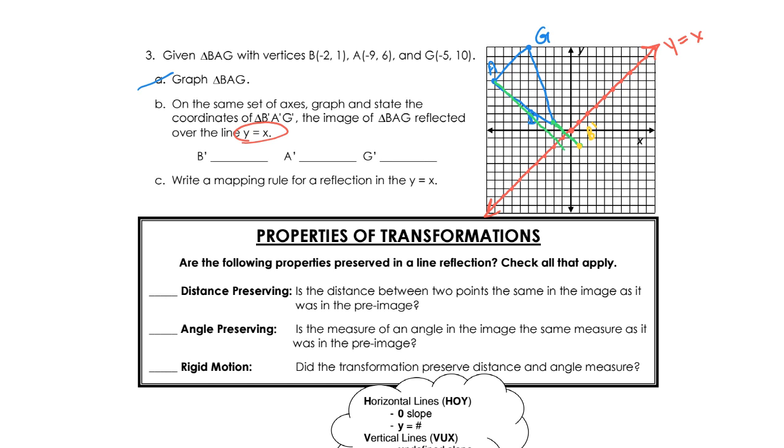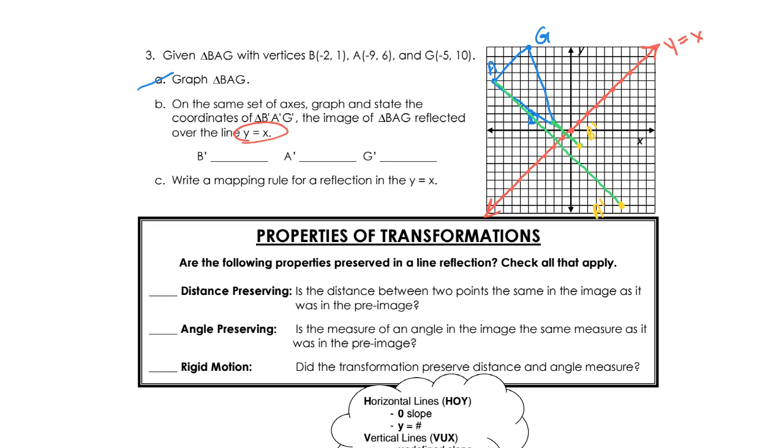So there's my half. 1, 2, 3, 4, 5, 6, 7. So right there. So this is A prime. That's the reflection of A over that diagonal line. Notice I'm counting diagonals, so those green line segments are perpendicular to my red line, and that's what they have to be for a line reflection, okay?